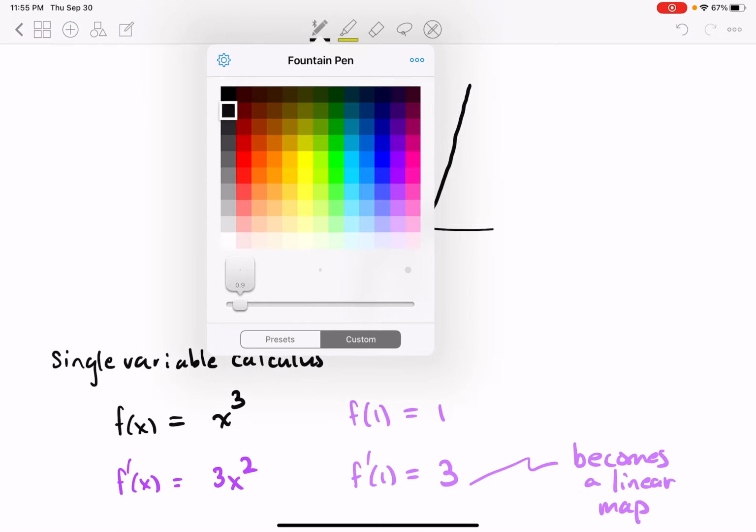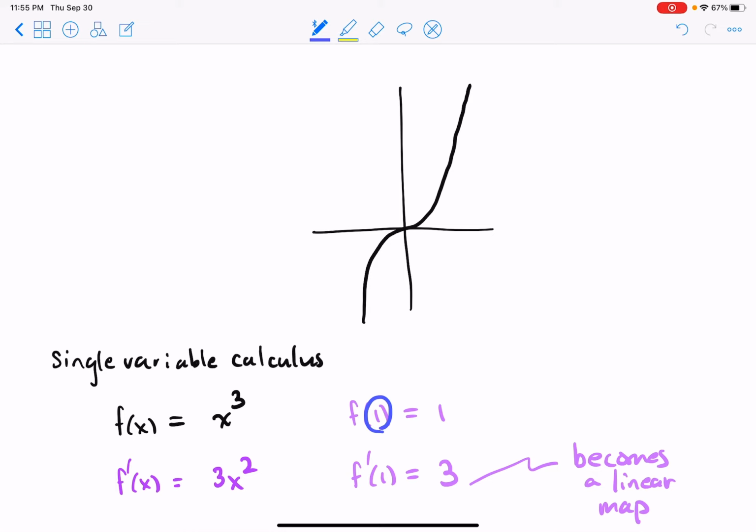Okay, and at the input, I chose the input 1. So there's 1. It had the output 1. Okay, and then at the input 1, I plug in, and my nonlinear thing becomes a number, so that's a 3. Now, what does that 3 mean?